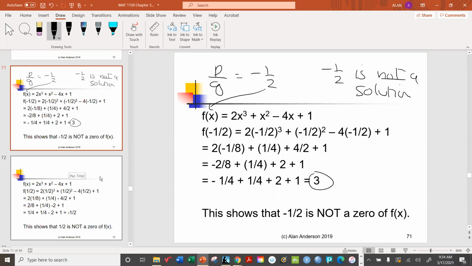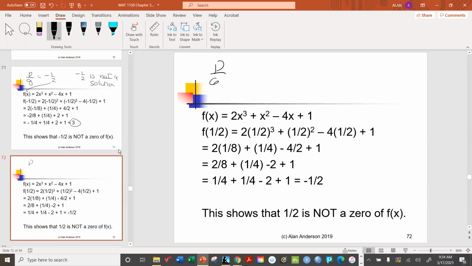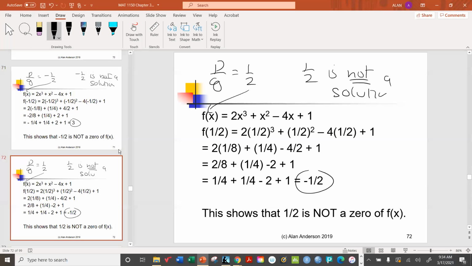Let's now try 1/2. What about when P over Q is 1/2? Let's try that. Oh, bad luck. Okay, did not work. 1/2 is not a solution, because otherwise this would equal 0.